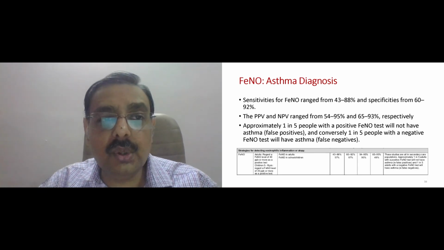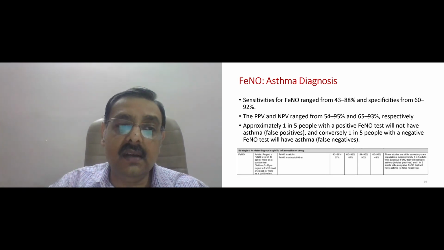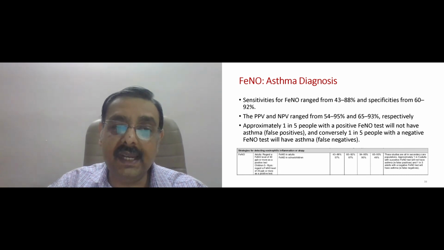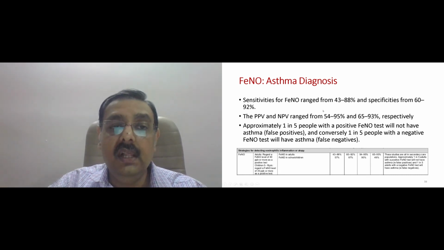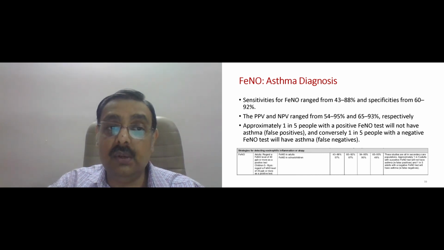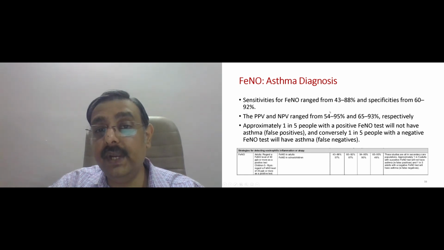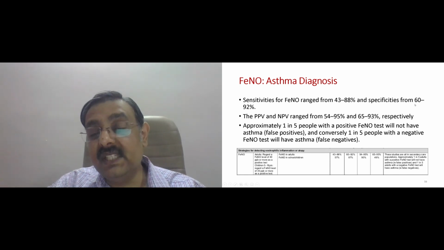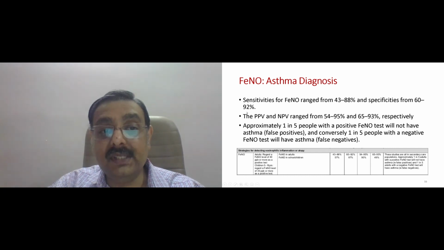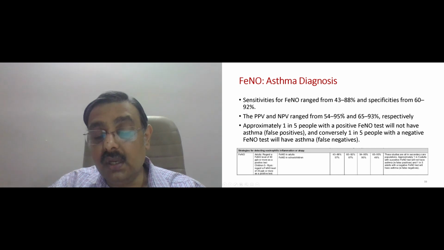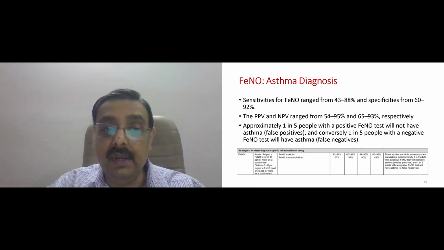But does it help? So this is data which comes up from a meta-analysis which talks about the utility of FeNO in asthma diagnosis. So it says that the sensitivity ranges from approximately 43 to 88%, and the specificity from 60 to 92%. And again, the positive and the negative predictive values are quite variable.